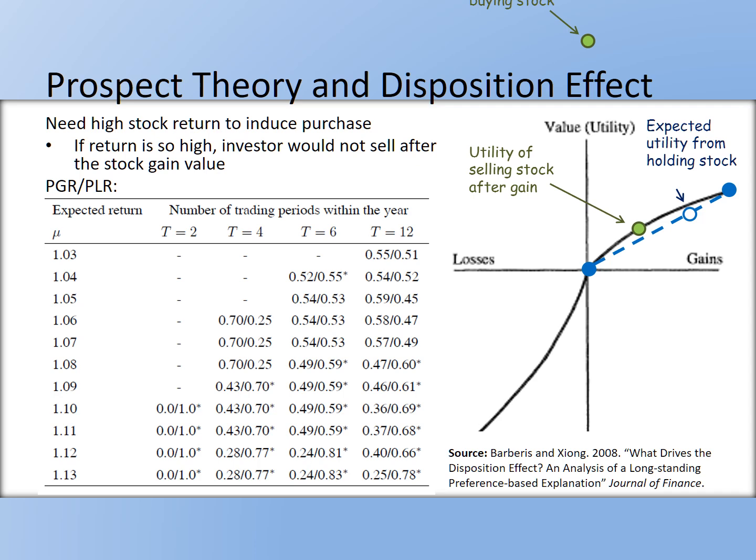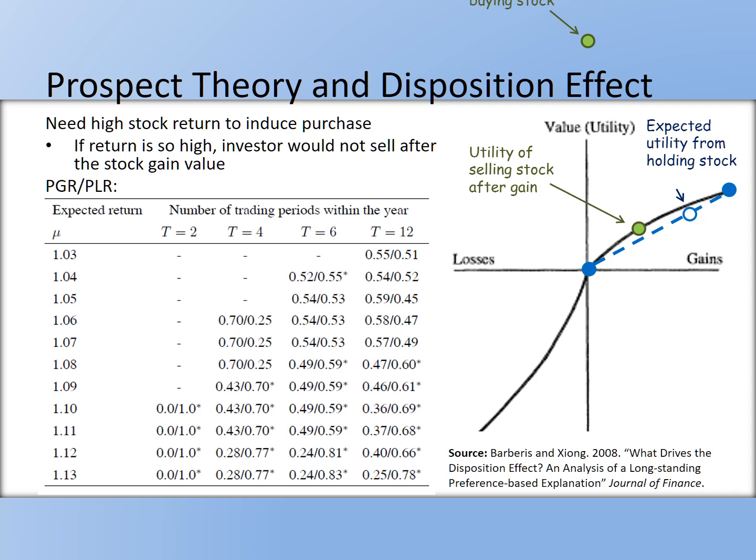That's because the concavity of the loss aversion is much stronger than the concavity of the diminishing sensitivity here.